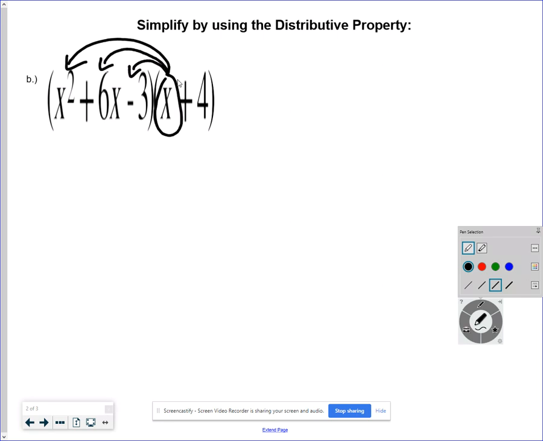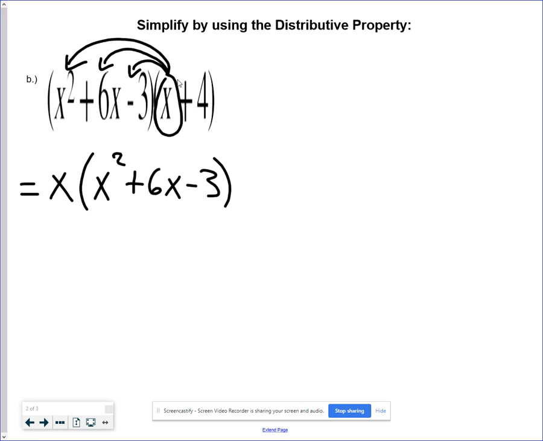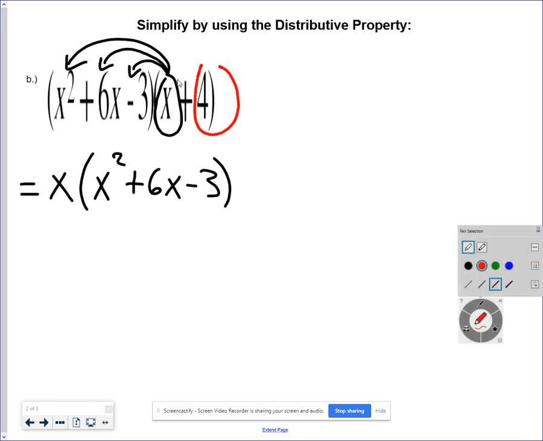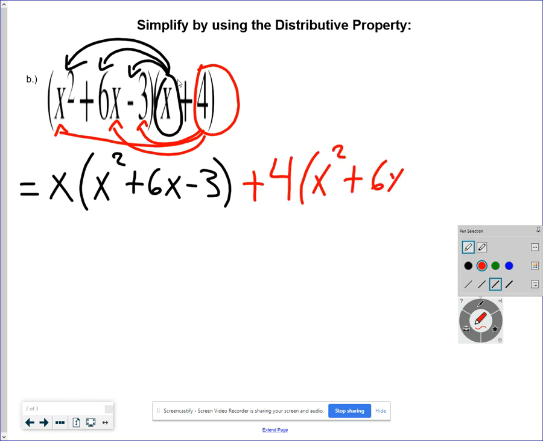When we do that, like before, we would have x times x squared plus 6x minus 3. Then we'll take our 4 and distribute it to each term individually. So we'll have plus 4 times x squared plus 6x minus 3.